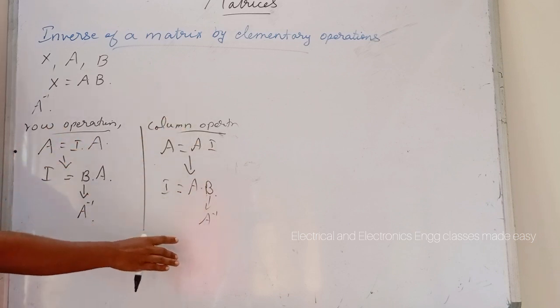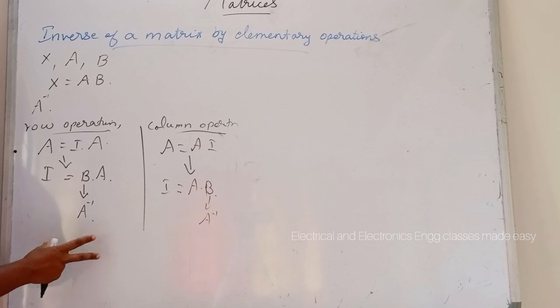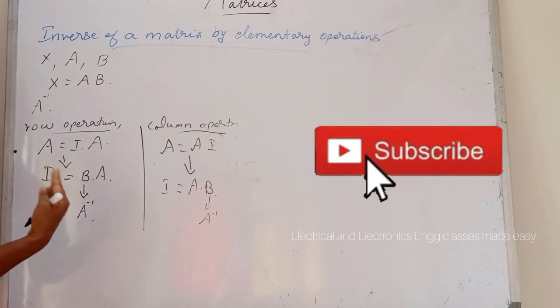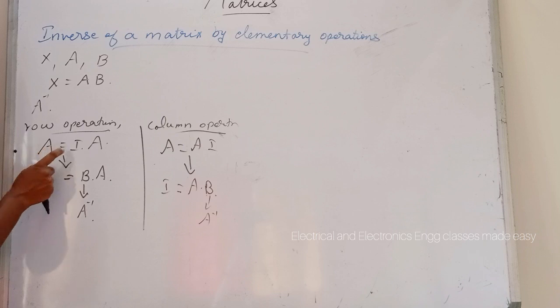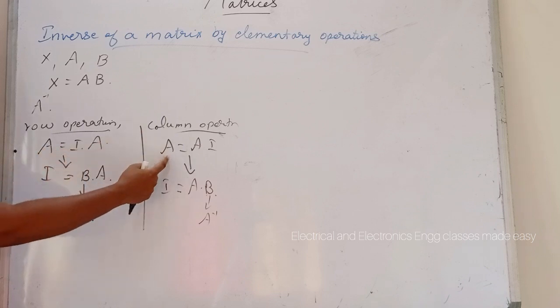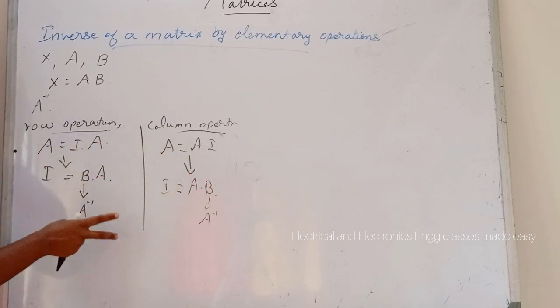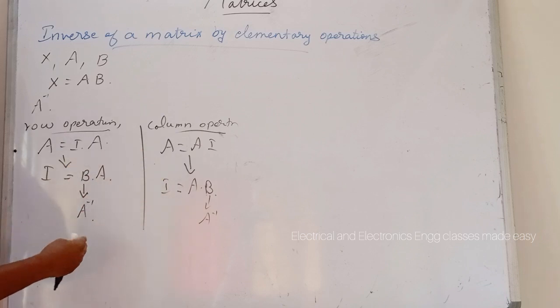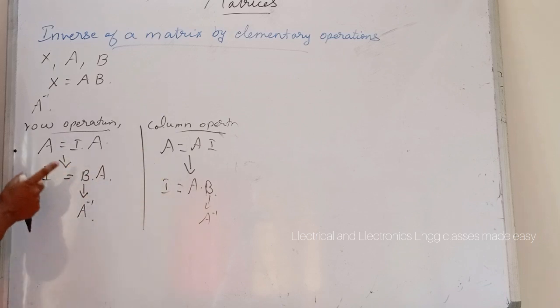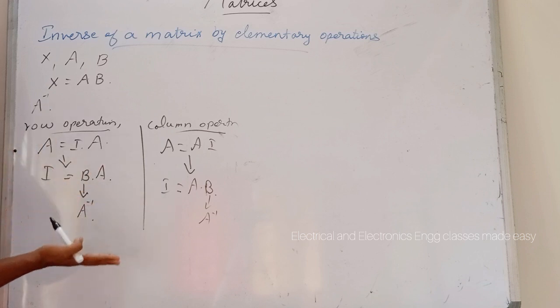And in case after applying one or more elementary row or column operations on this A equal to I into A or A equal to A into I, if we obtain all zeros in one or more rows of the matrix A on this LHS, then A inverse does not exist.